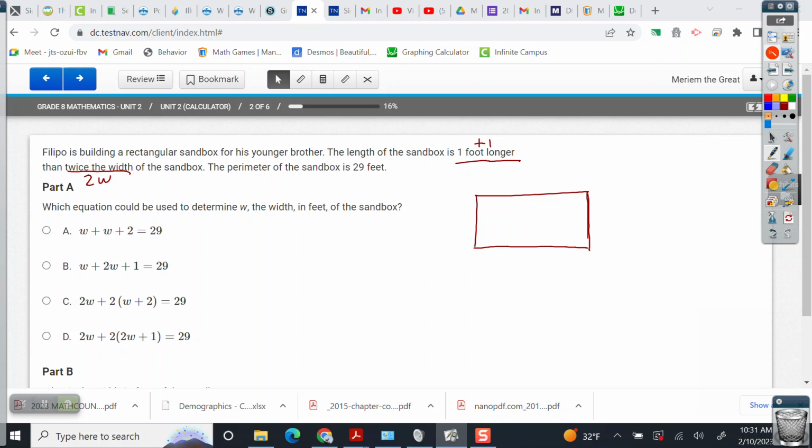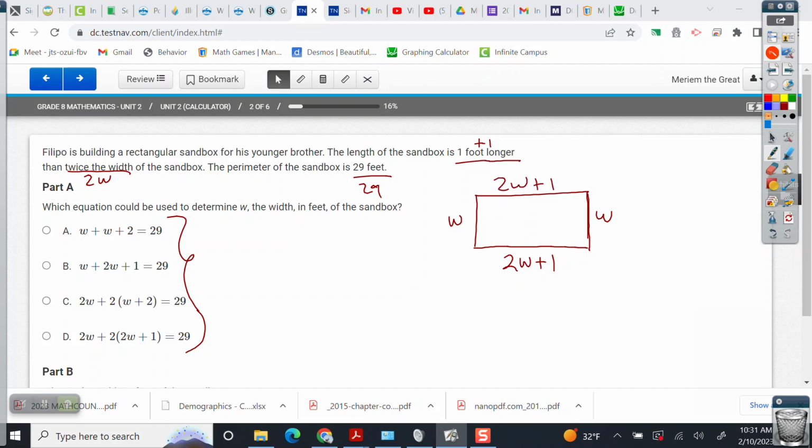The perimeter of the sandbox is 29, and we know that perimeter is the sum of all of the side lengths, right? So we know the width is W, and we know that because all of these answers have a W in them. And we know the length is going to be a function of the width, and again it says 1 foot longer, so that's +1, then twice the width of the sandbox, that's 2W, which makes the top here 2W plus 1.